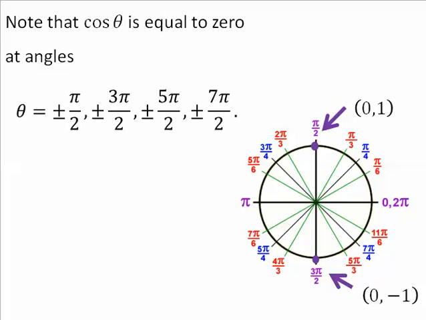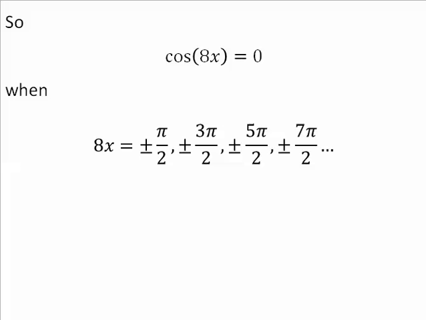So any angle that puts us at the top of the circle or at the bottom of the circle, the cosine will be 0. So for our problem, if cosine of 8x equals 0, then 8x is going to have to be one of these values.